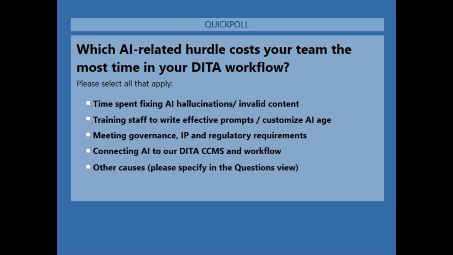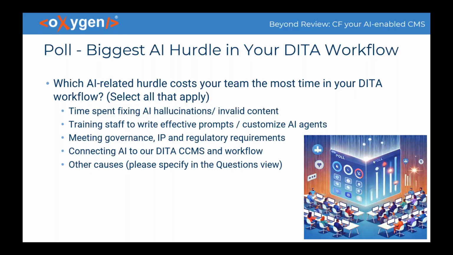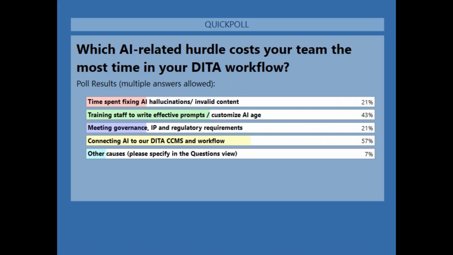Okay, so people are still voting. I think we already have some results. So 57% say that connecting AI to our DITA CMS is the biggest hurdle. Then comes training staff to write effective prompts and customizing AI agents.